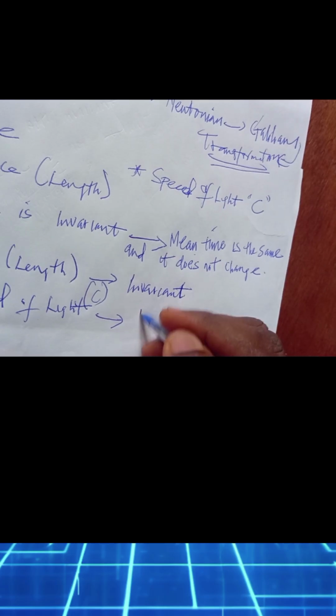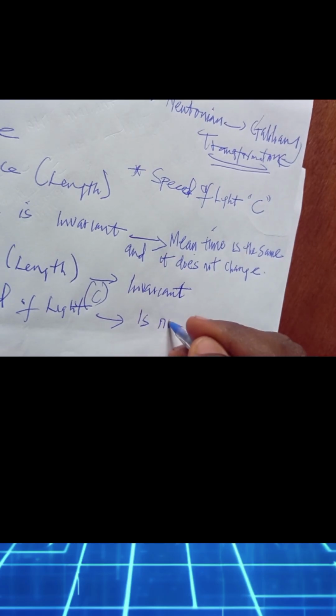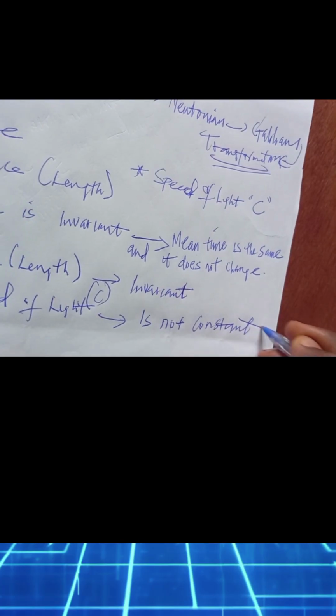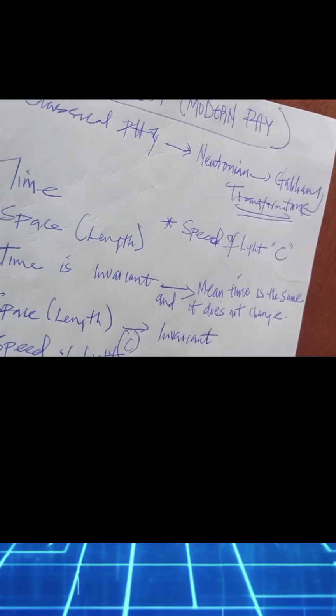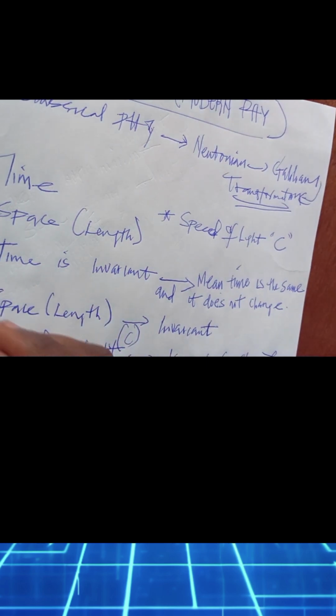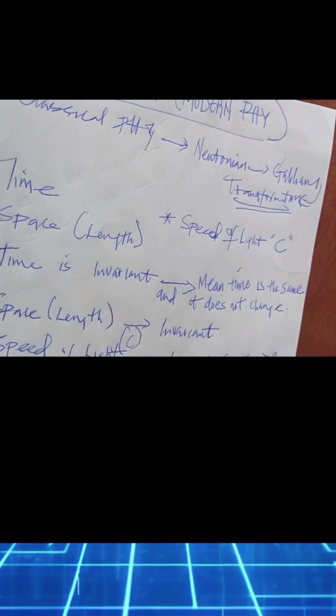Speed of light is not constant. So these are the three things that you have to note concerning Newtonian physics, that's the classical physics that we are talking about.